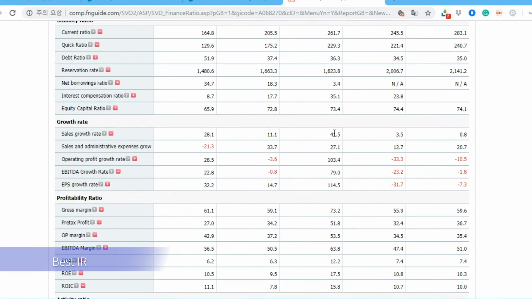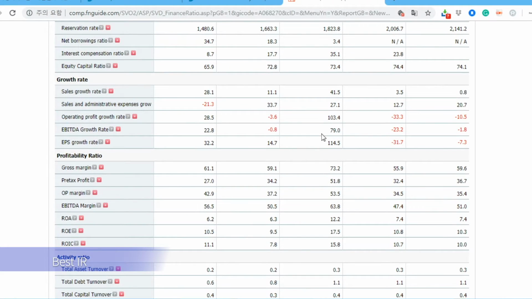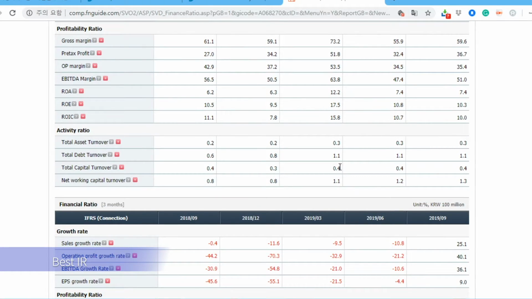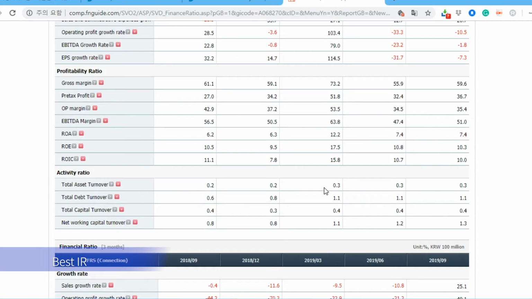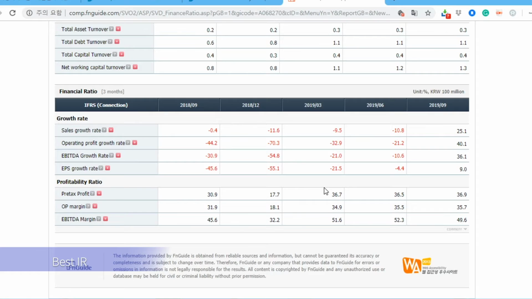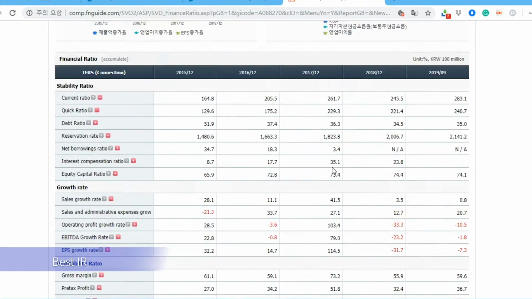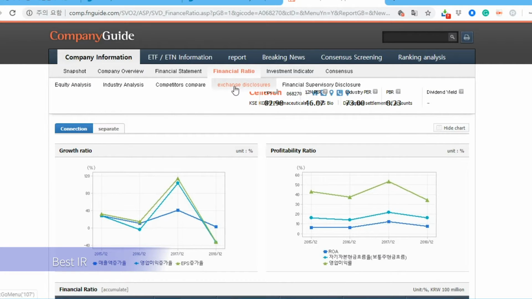ROAs, and I guess something happened in 2017, because that's when a lot of numbers have been very large. The growth rate has gone down a bit here and here and here, but then margins are going up. Margins have improved. So I guess this company is, this is quarterly. So quarterly, you may want to look at the investment.